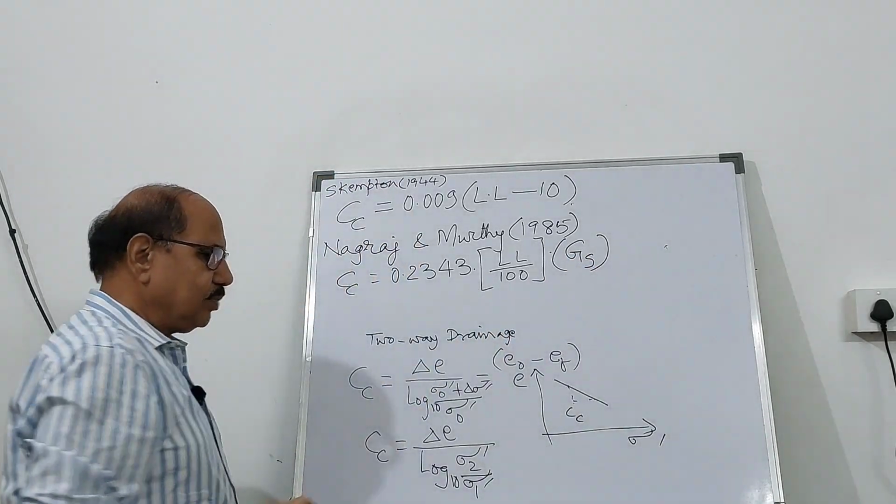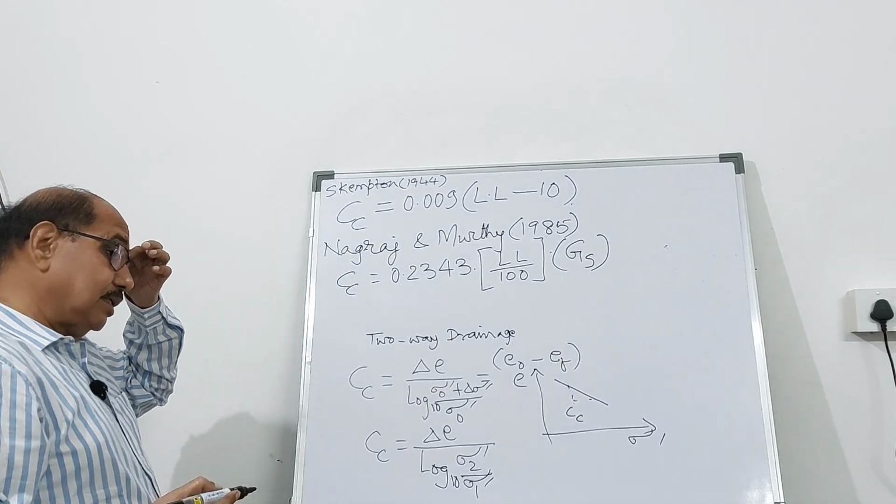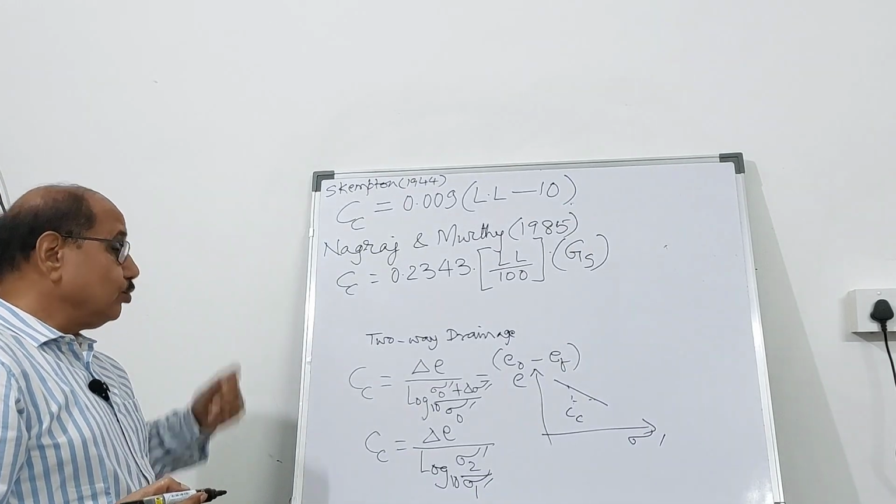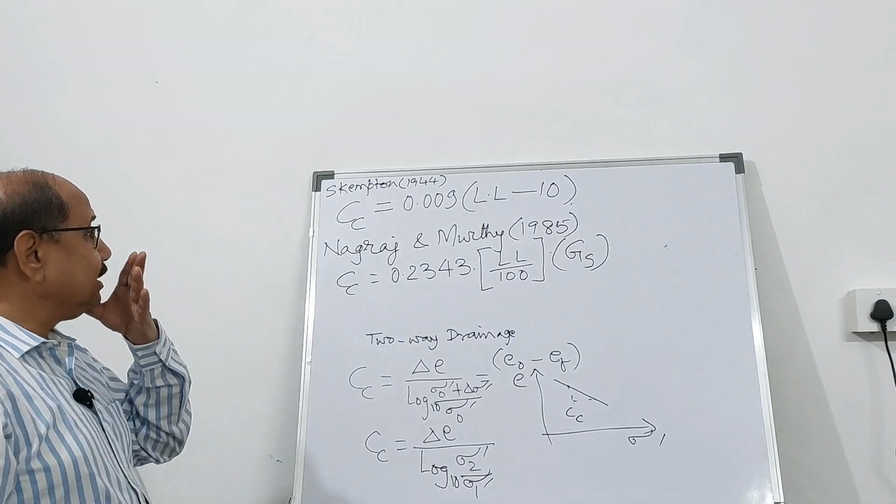So this is a very simple relationship that can be used to calculate the value of Cc.